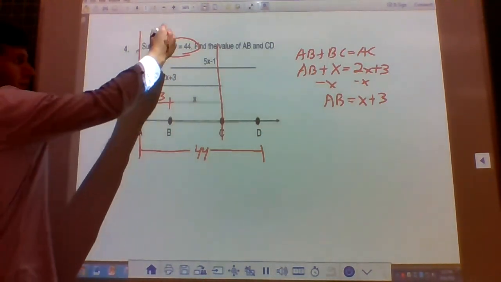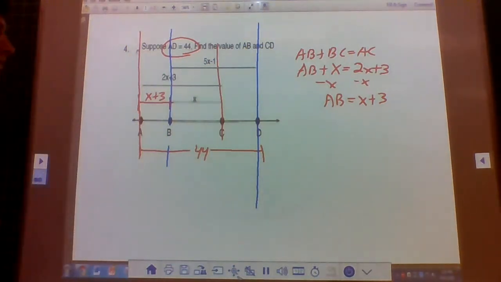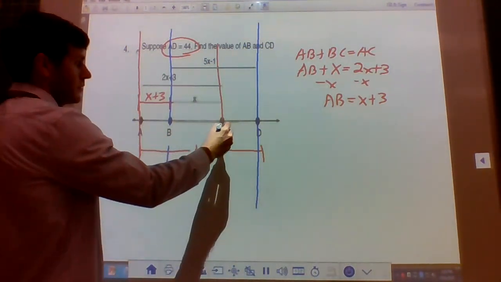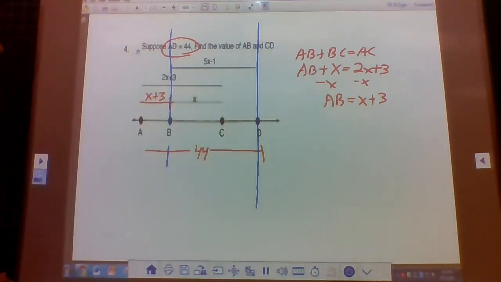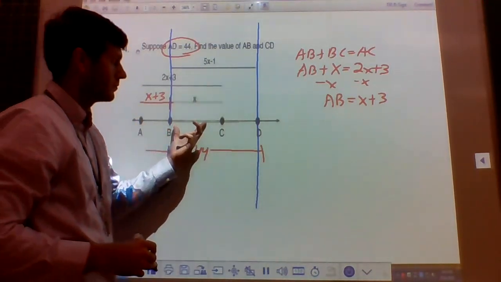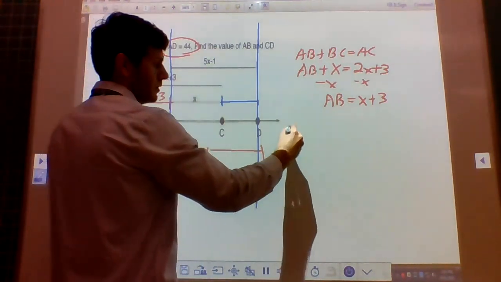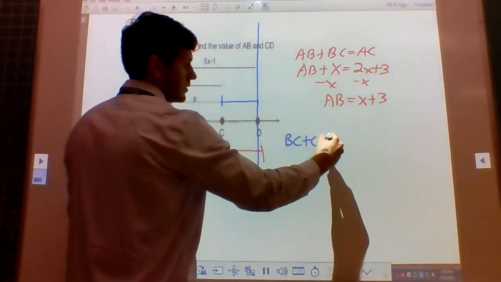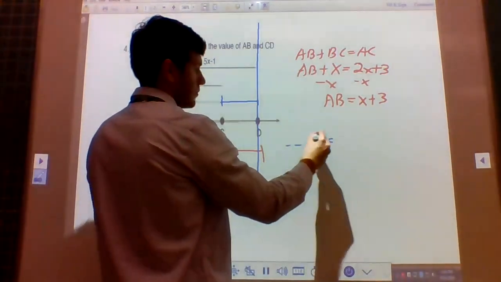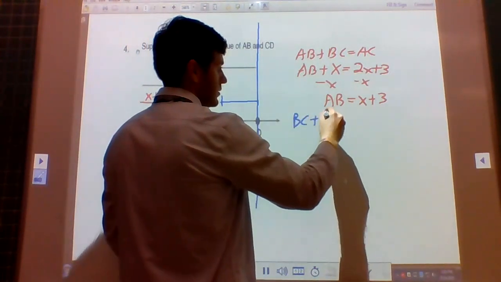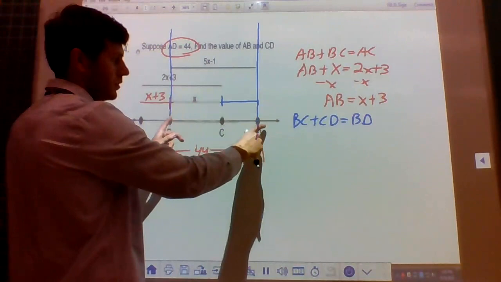Okay, so now we want to look at this half. So here we know BC plus CD is going to equal BD, right?